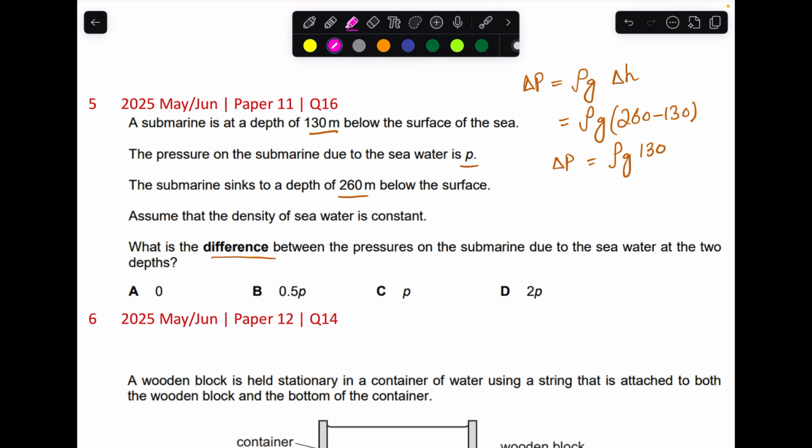When the depth was 130, the pressure was P. So at 130, the pressure in the liquid is rho g times the depth, 130. So this thing is equal to P, so we can call this thing P. So the change in pressure is equal to P.